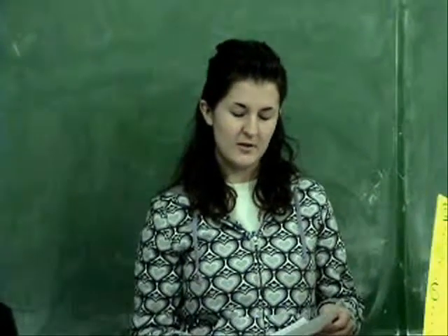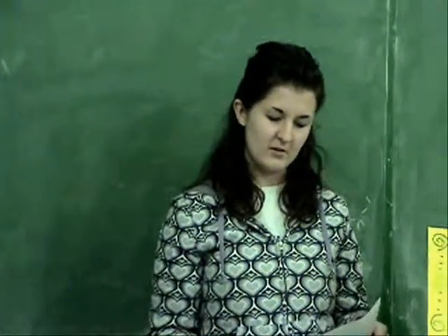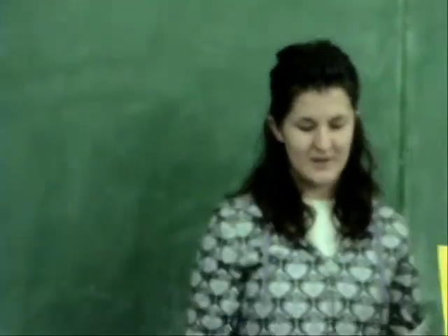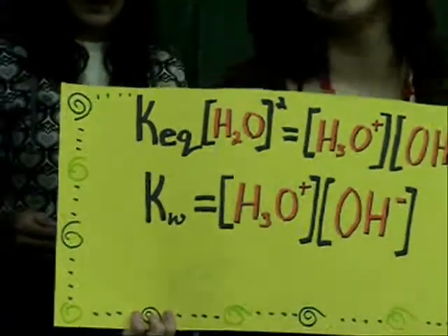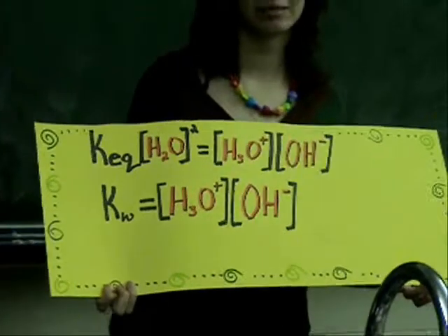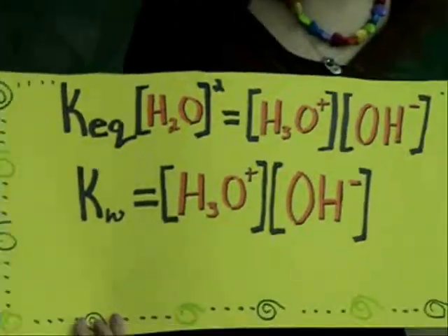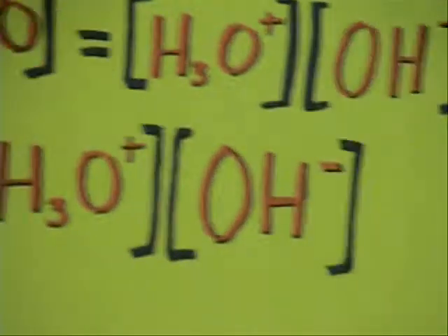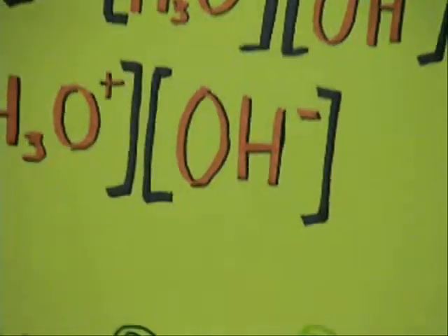Thus, Keq times the concentration of H2O squared equals the concentration of H3O+ times the concentration of OH-. And it can also be written Kw equals the concentration of H3O+ times the concentration of OH-.